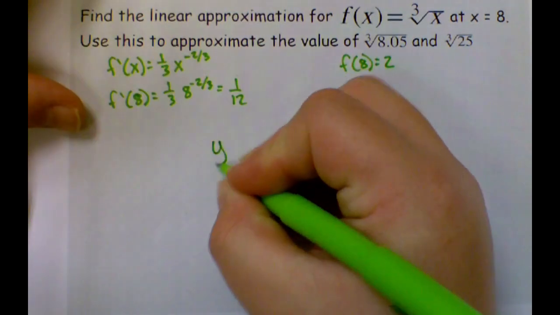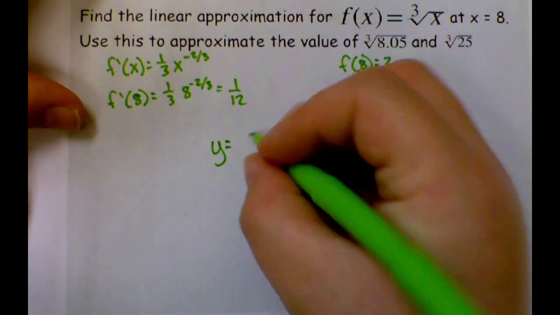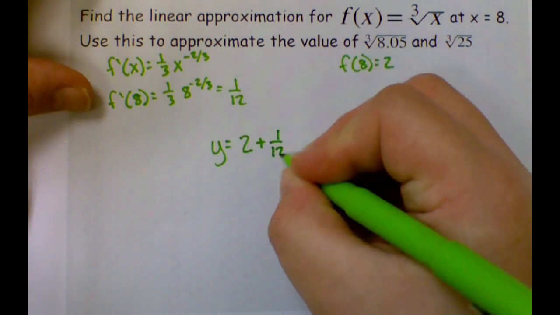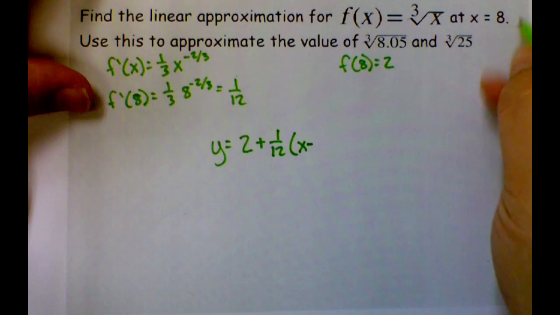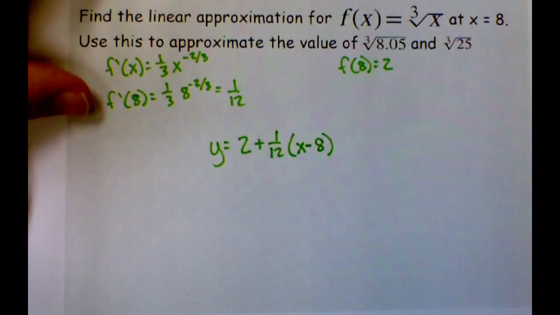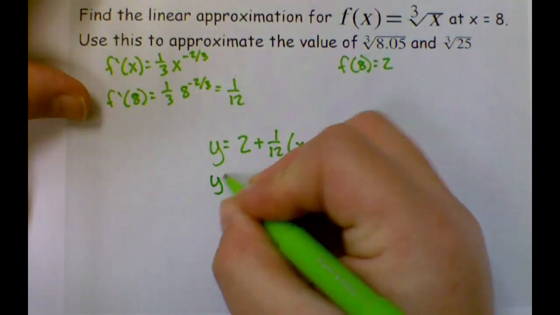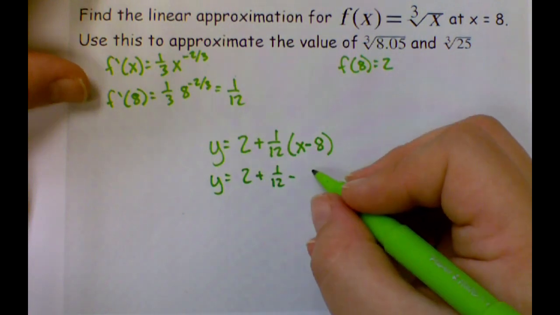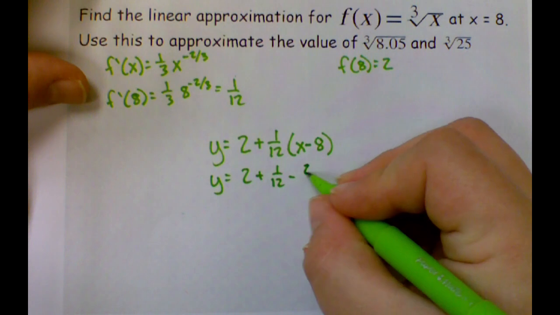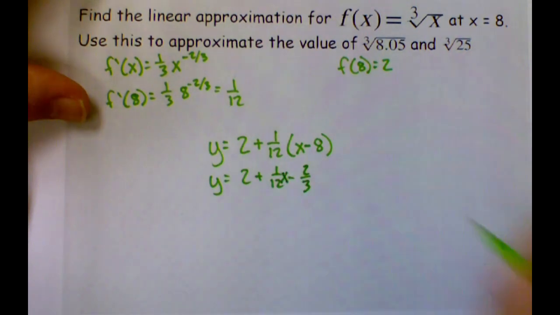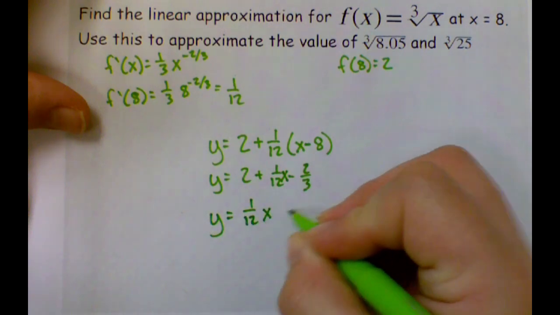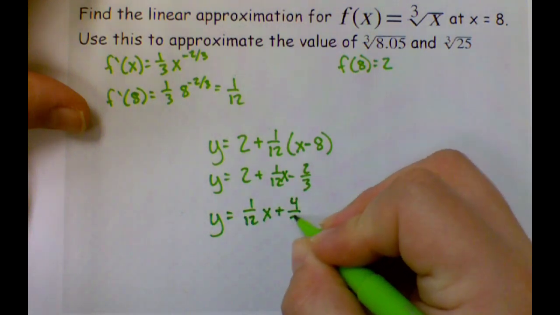Our tangent line, y equals f of 8, so 2, plus our slope, which is 1/12, times x minus that x value I plugged in, which is 8. So our tangent line is 2 plus 1/12 x minus 8/12, which is 2/3. Oops, I forgot my x there. So our line is y equals 1/12 x plus 4/3.